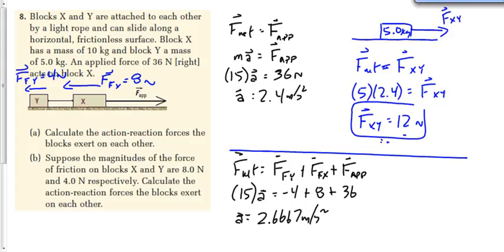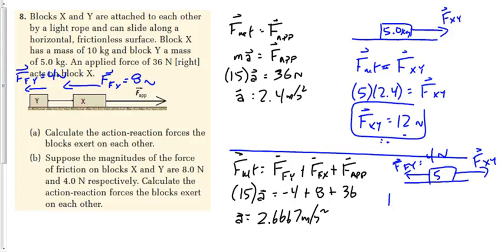All right, now let's analyze one object. Let's pick object Y again, I guess. Object Y has a mass of 5 kilograms. It has a force to the right. That's going to be the action-reaction force. We're going to call that Fxy. It has a force to the left acting on it, and that's going to be Ffy, and that value is 4 newtons.